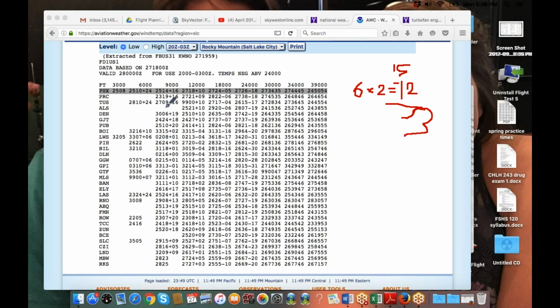At 6,000, we're at 24 degrees Celsius. That's hot. What we're going to do is find the difference between 24 and 3. That'd be 21. Is that a positive 21? What are we going to do to this 3 to get 24?